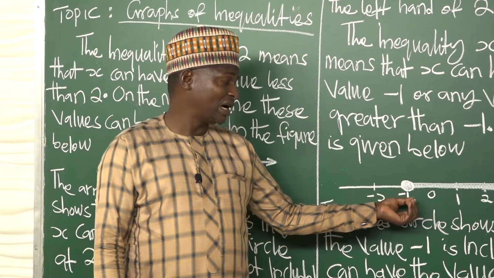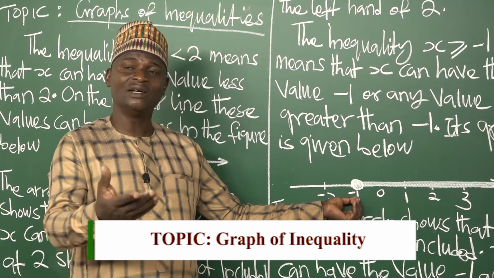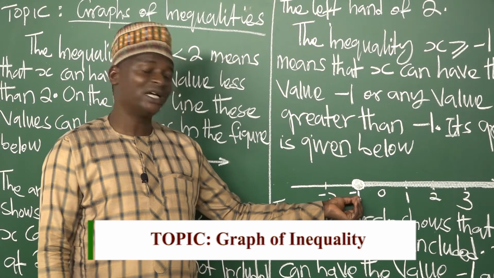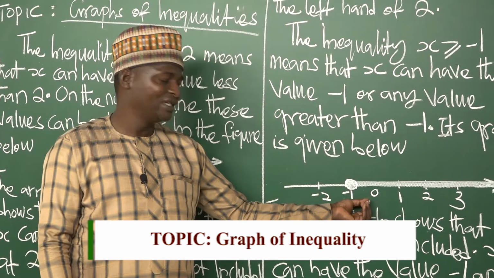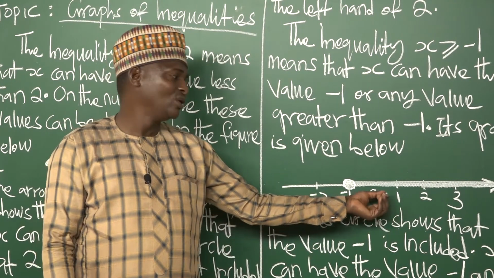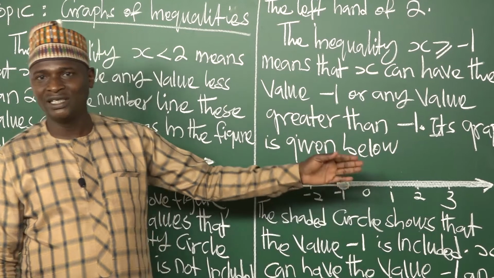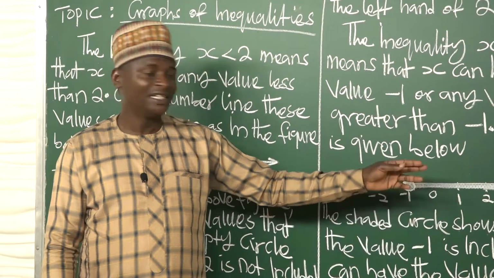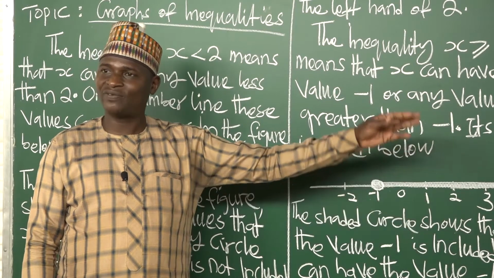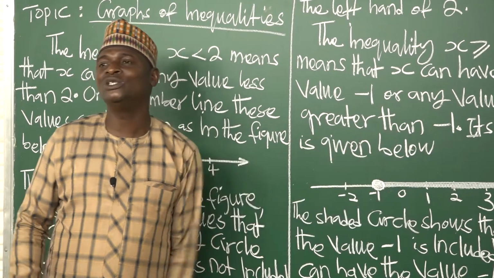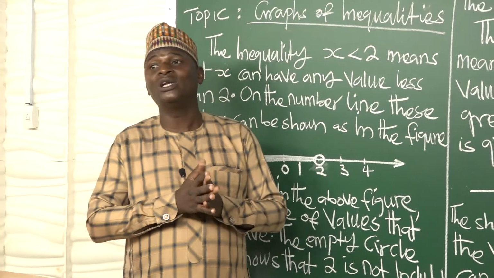You can be in a position now to list the values of x. Minus 1 is among the values of x. Then we move to the right. So 0 is among the values of x. 1 is among the values of x. 2 is among the values of x. 3 is among the values of x. 4 is among the values of x. 5 is among the values of x, continuously, because you cannot list all of them.